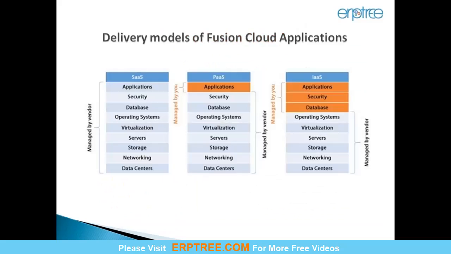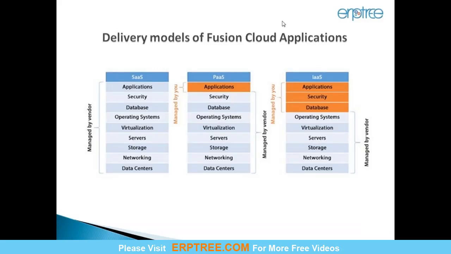So I'll move on to the next slides. As we discussed about the delivery model, what type of delivery is available? Based on that, the flexibility you have here in this particular slide, you will understand when it comes to the SaaS application.